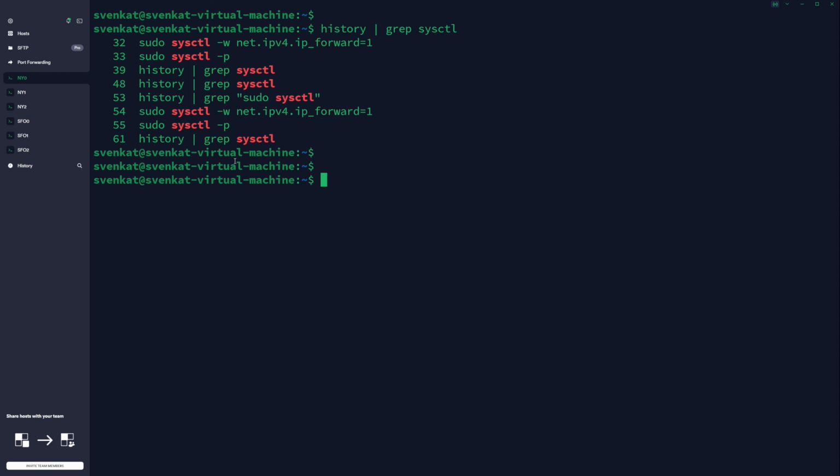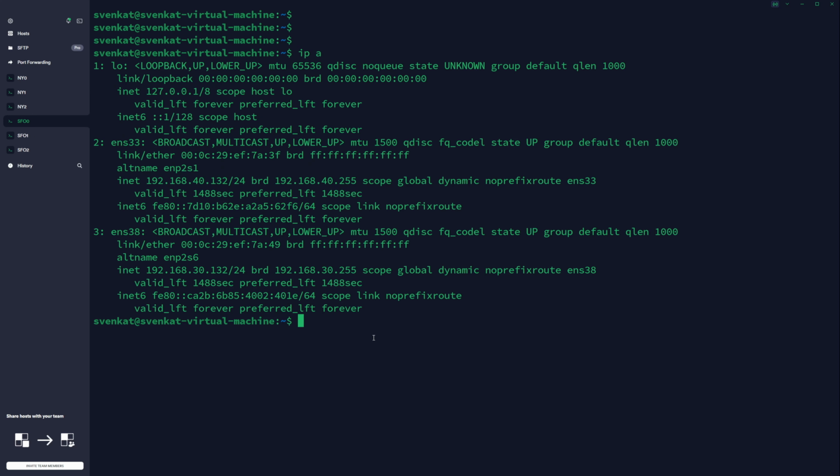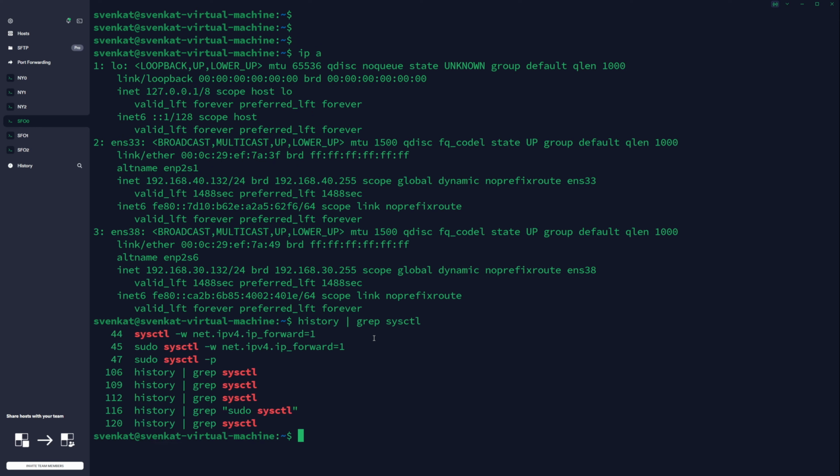The moment this is done, any computer that is talking to the New York gateway will be able to talk either locally or across the networks. Similarly, on the San Francisco gateway, the same commands were executed as well.